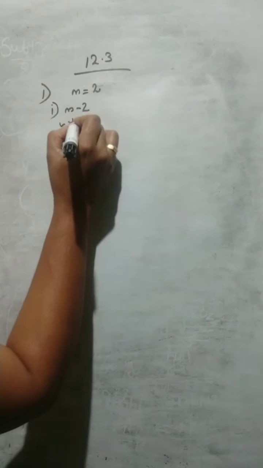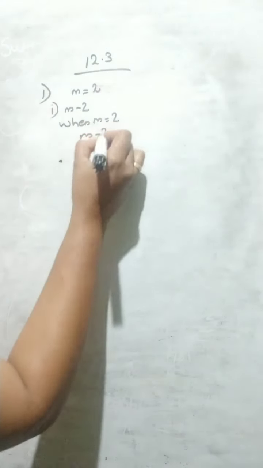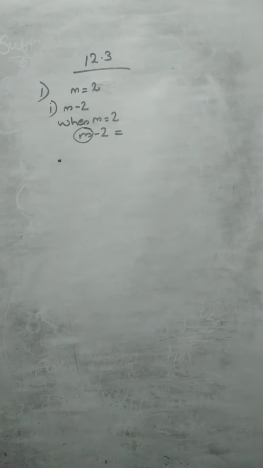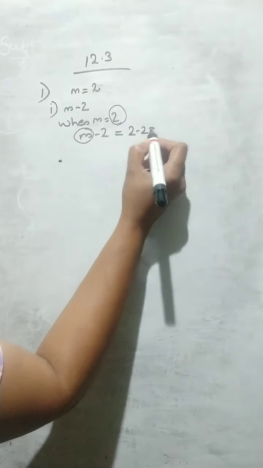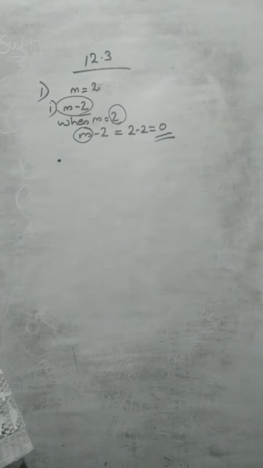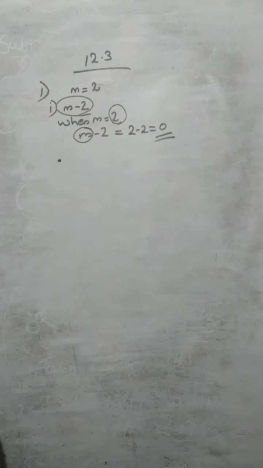When m is equal to 2, we have to substitute the value of m. So 2 minus 2 is equal to 0. So the value of this expression will be 0 when m is equal to 2.